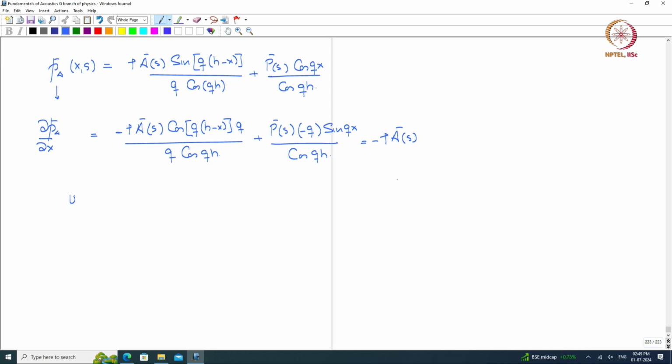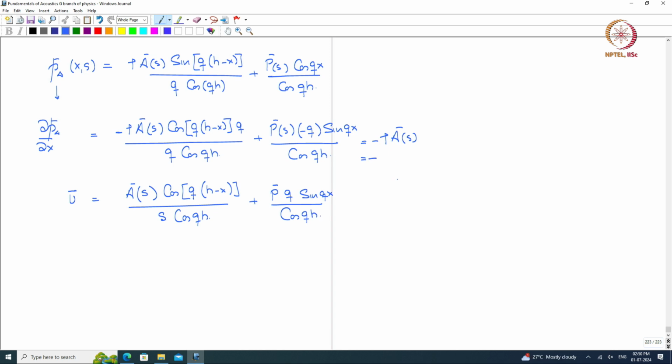From here the particle velocity is equal to a bar of s cos q(h minus x) by s cos qh plus p bar q sin qx by cos qh.